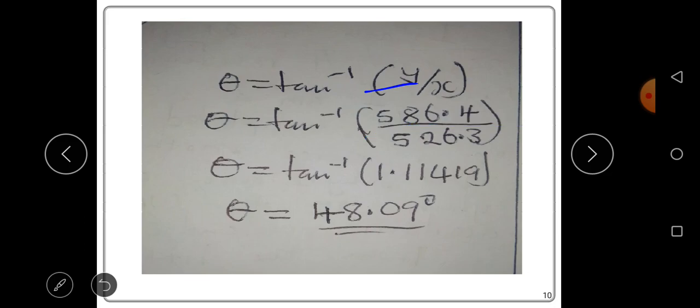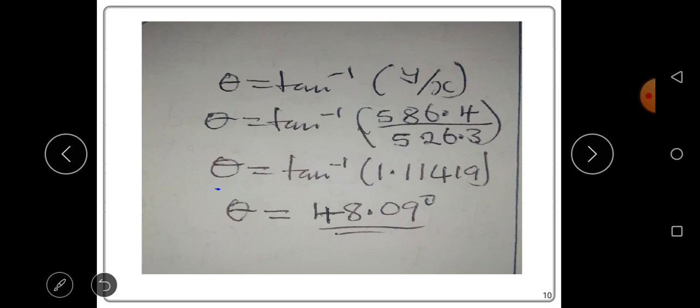Then where there is x, you replace with 526.3 because that's the x component we found from our calculations. So when you use a calculator here, you find that it's giving us 1.11419. Then when you use a calculator to find tan inverse of 1.11419, you will find that theta is 48.09 degrees. So this is the direction of the vector.